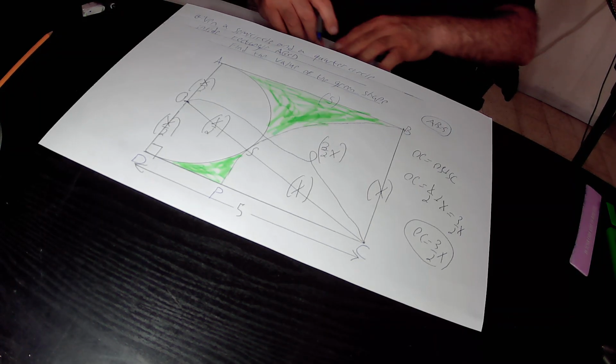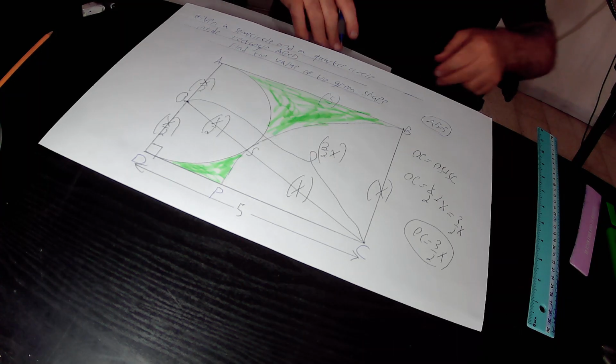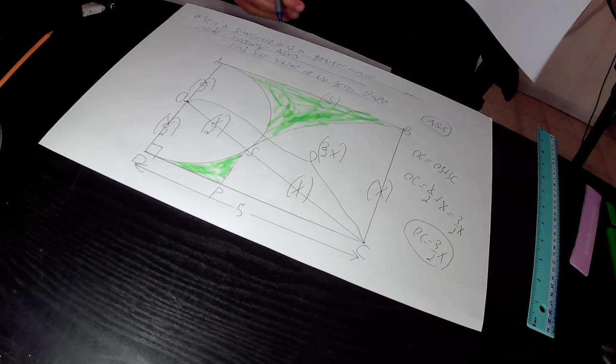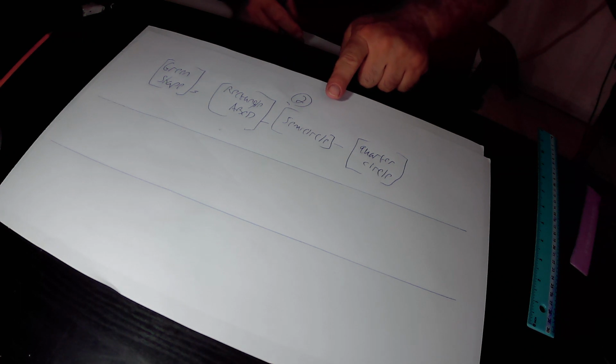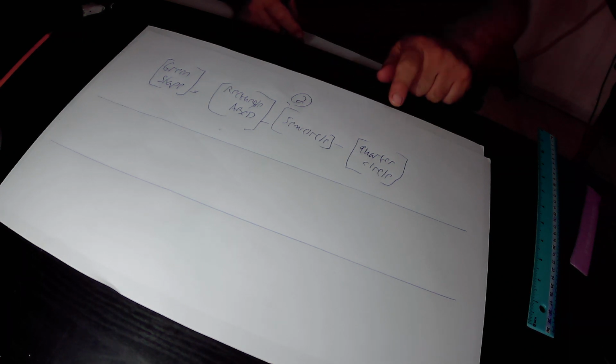So repeat again, we actually found out that the area of this green shape in total equals to the area of rectangle ABCD minus the area of the semicircle minus the area of the quarter circle.